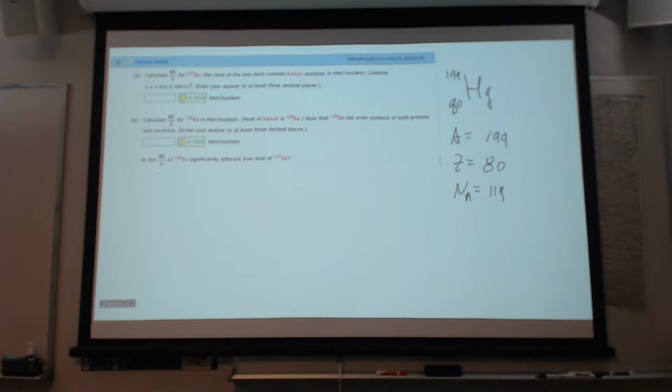Okay, so calculate, and that's the conversion factor.